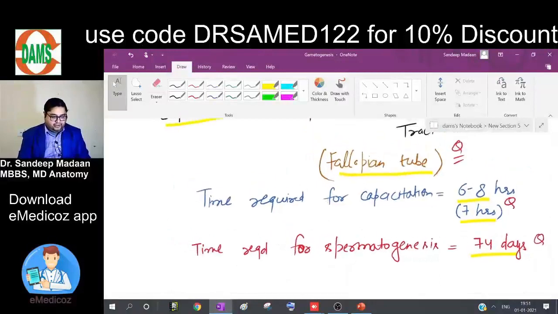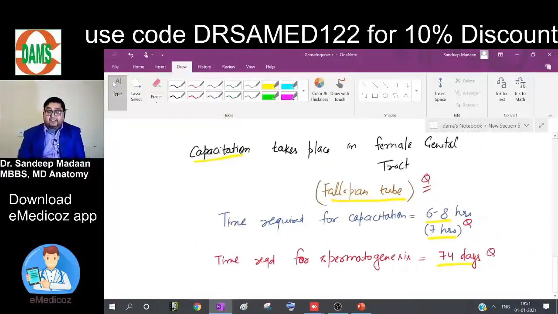Now let us see the timing of spermatogenesis. When does spermatogenesis take place? It takes place at the time of puberty. What we have learned is that in the developing baby, in intrauterine life, the epiblast has made primordial germ cells, which were converted into spermatogonia in the developing testes, in the developing seminiferous tubules.